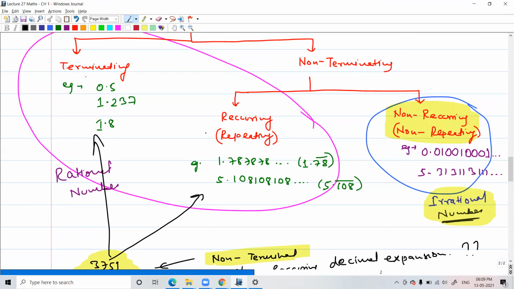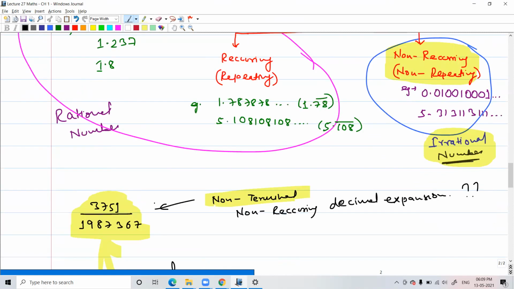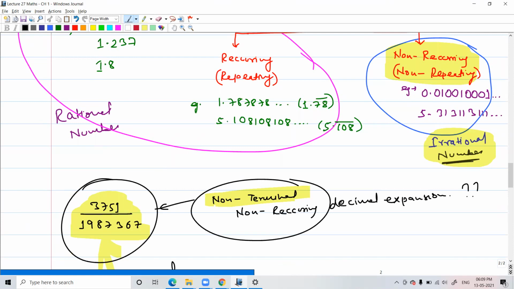Only these two are possible because rational numbers can only be terminating or non-terminating recurring. Does that make sense? So this can never be a non-terminating, non-recurring decimal.